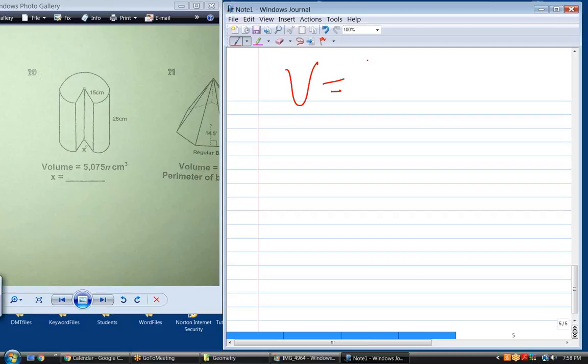Let's start there. Pi r squared times height. Now let's multiply that by the percentage of the right cylinder that we have. It's not x over 360. That's going to give us the volume of this missing piece.